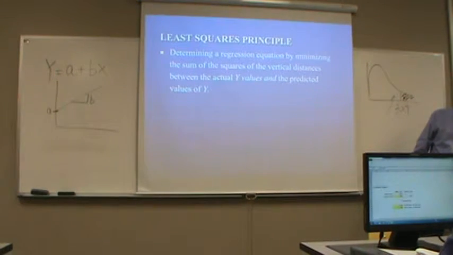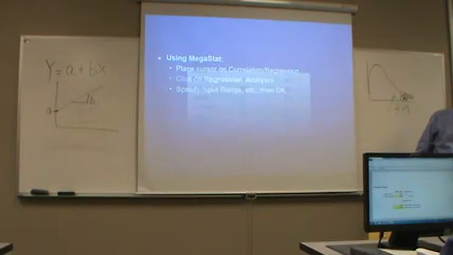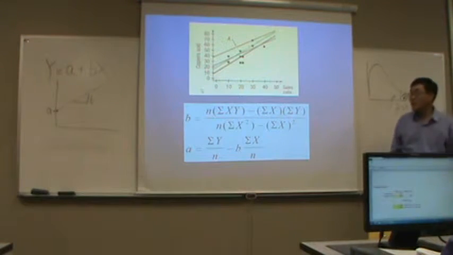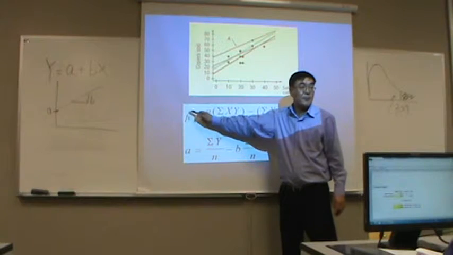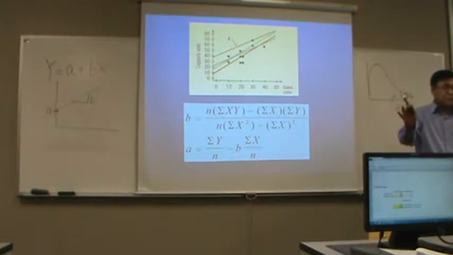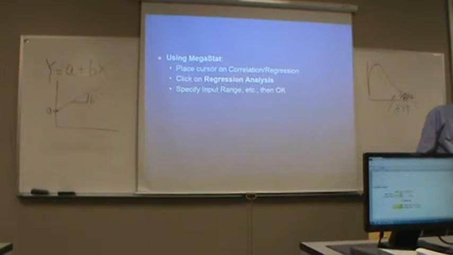If we use this least squares principle, then we use this formula to find b and a. But we don't need it, right? Because we will use MegaStat.